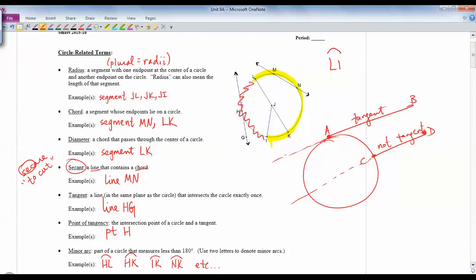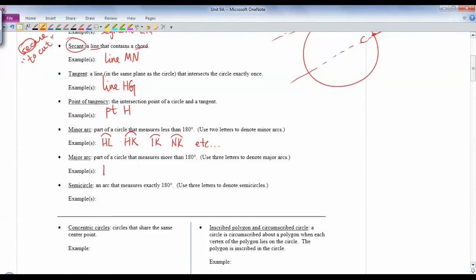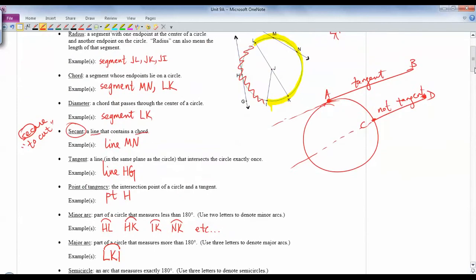So if I want to denote the bigger one, I throw in a letter in the middle, one of the letters that I pass along the way. Any of them, like LMI or LNI or LKI. So an example would be like LKI. Use three letters, that means it's more than half the circle.